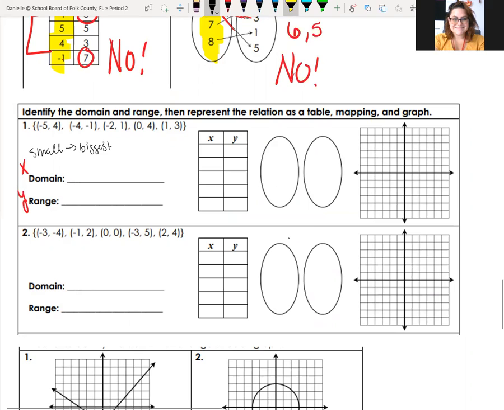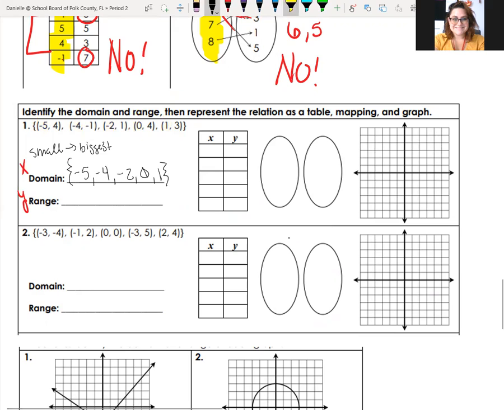So when I look at -5, -4, -2, 0, 1, I want to make sure that I write them in order. And we're going to use that squiggly bracket. So smallest to biggest, -5, -4, -2, 0, 1. We got lucky on that one and everything was in order.